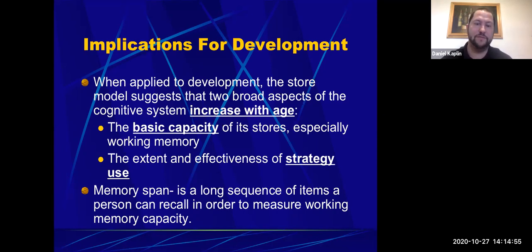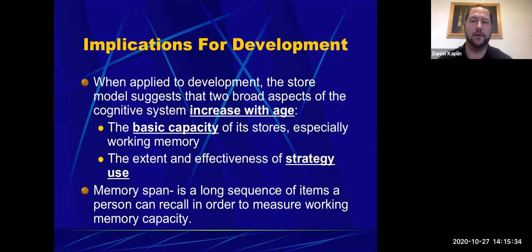Now, in terms of memory span, most people, according to George Miller, if you give a person a string of numbers or items in a sequence, most people can remember 7 digits or a sequence of 7 symbols plus or minus 2. Now, to me, I think that was a cool finding by George Miller, because if you look at so many aspects of your life, we use this naturally.